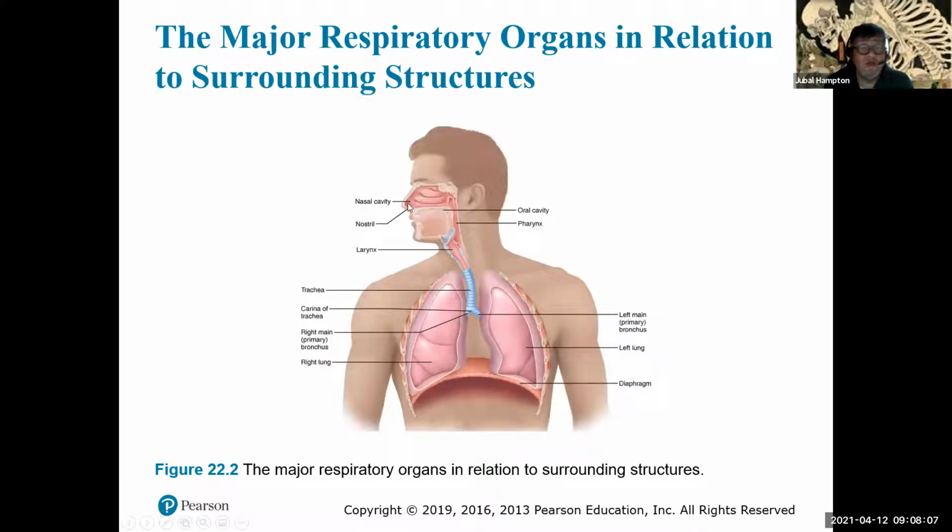So we begin here, the nasal cavity. These three folds represent what are called the turbinates, and we'll get back to those. These are the bones, the conchae, and they're covered with respiratory mucosa, and they're responsible for warming and cooling down the air as you breathe it in. So if it's a very hot day, it brings it to your body temperature.